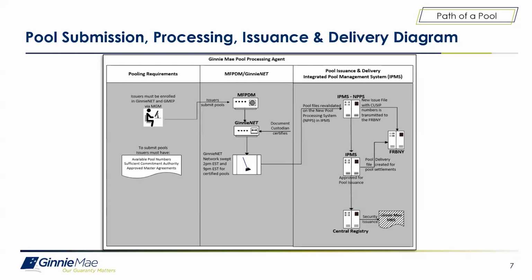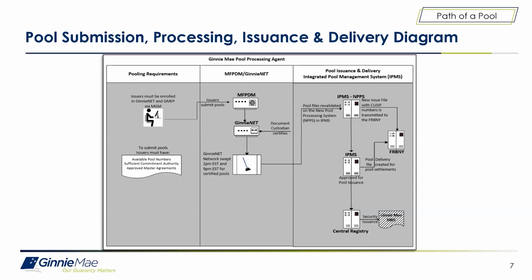The reason why we still have GeniNet there, so you guys don't be freaked out, is because we still do draws and stuff, type 5, type 3, in GeniNet, even if you are using SFPDM, if you have old pools that you initially started in GeniNet. That's why I still kept GeniNet there. So most people, if you're a new issuer, you're using SFPDM, but I kept that there just for that reason.